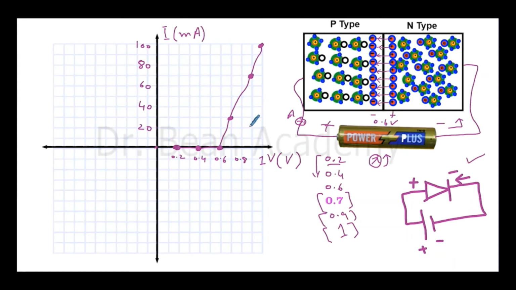But now we are seeing this: voltage is 0.2, 0.4, but there is no current, and then some magic happens at 0.6, and after 0.6, when I cross this voltage, I see that current has started flowing in the PN junction. And then it increases very sharply as I increase the voltage, and that is a good behavior.